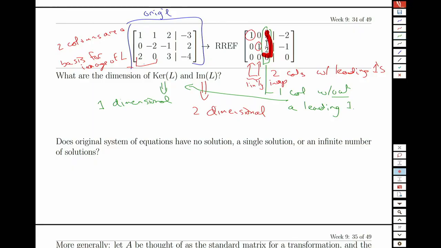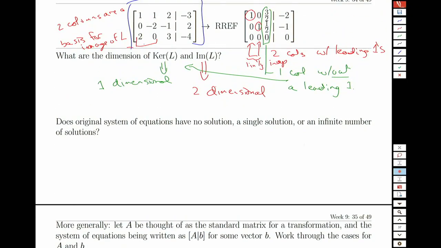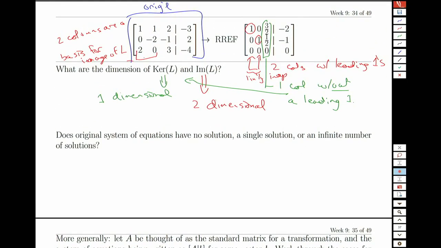Any column that does not have a leading one contributed a free variable to the kernel. Take a look at yesterday's notes if you want to go over that in more detail. But the upshot is we can immediately get these kinds of things here, and we have this lovely consequence.